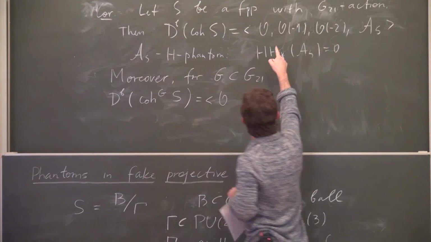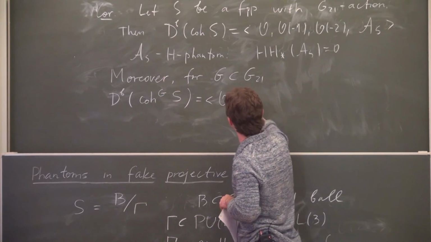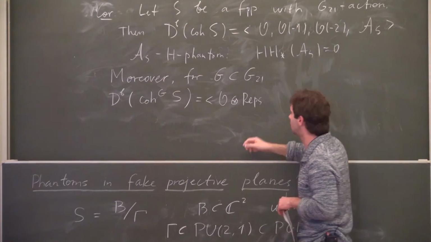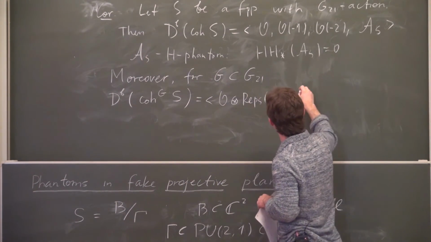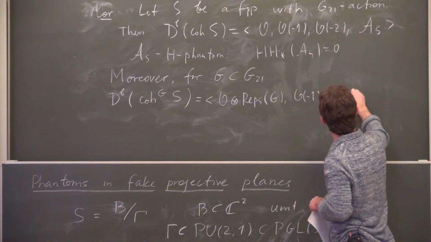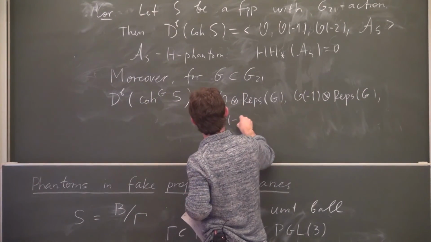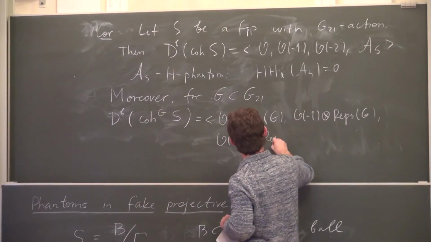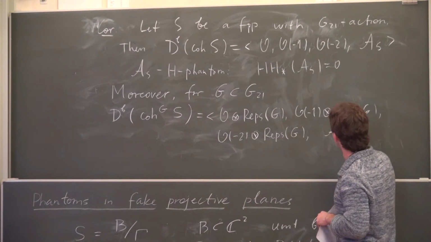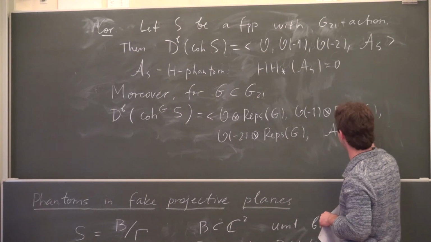Each of the exceptional objects is multiplied by representations of G, taken as many times as there are irreducible representations of G. And finally, there's again the orthogonal, which I denote AS upper G.